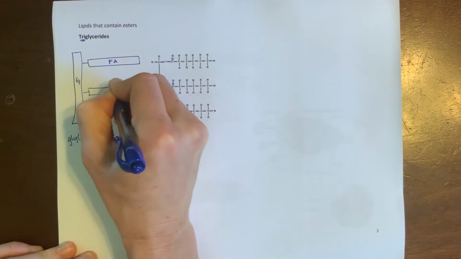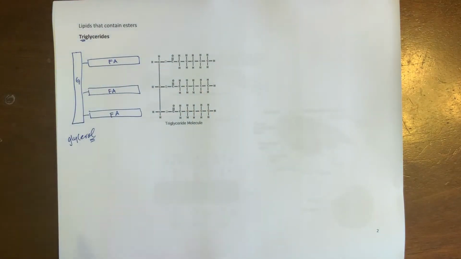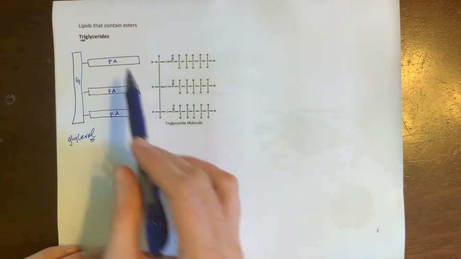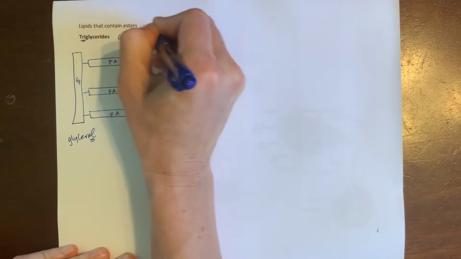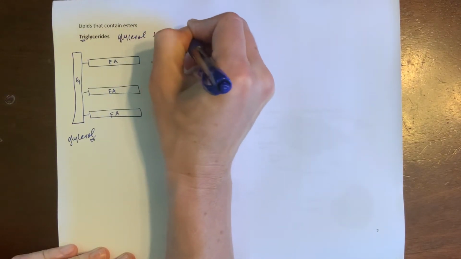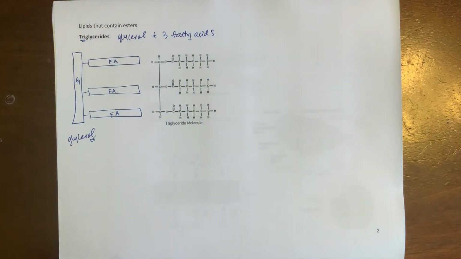And again, this is not the exact shape, but it gives us kind of a cartoon, simple way to think about these structures. So a triglyceride is just a glycerol plus 3 fatty acids. And we will see that they are linked with esters.